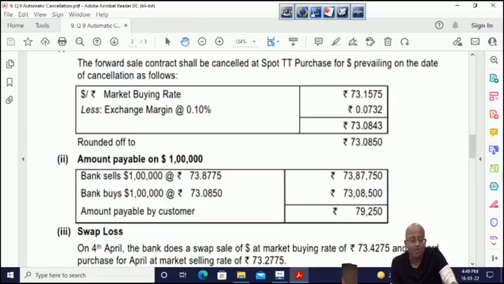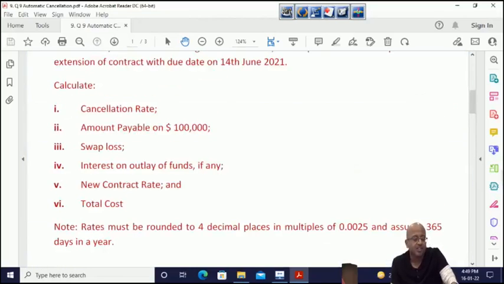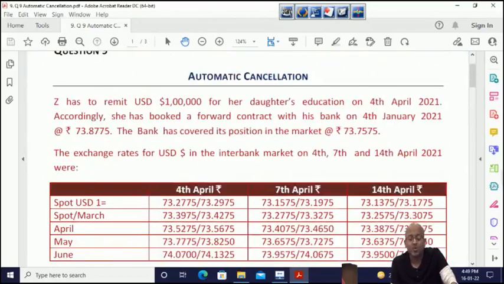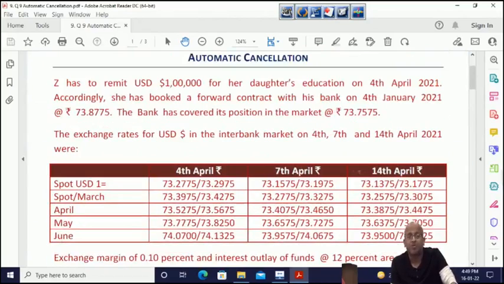Okay, 79,250. Next, third question, swap loss. The bank on 4th April was totally confused because SBI had to buy from ICICI, but what does it do, because the customer did not come? SBI will enter into a sell-buy swap. The sell-buy swap is always entered for the smallest maturity.